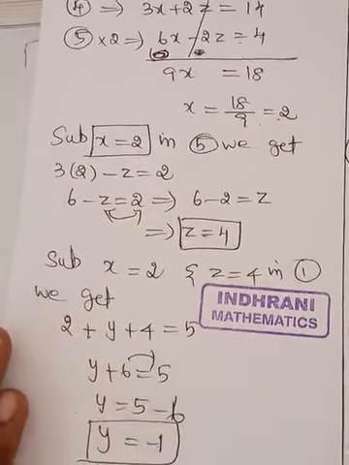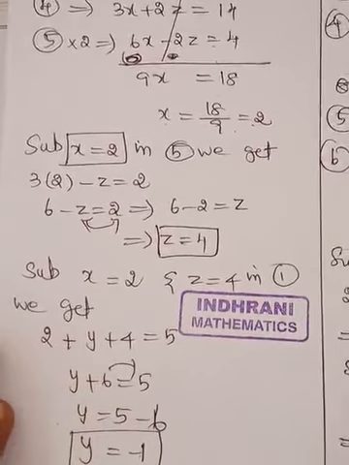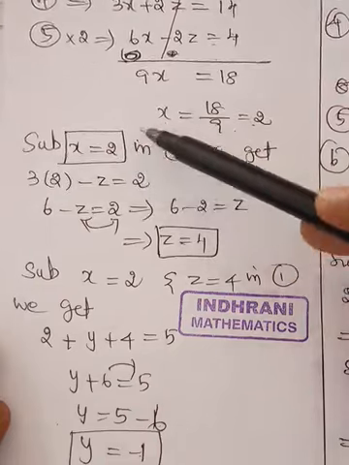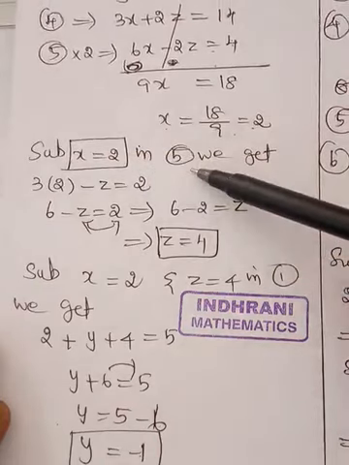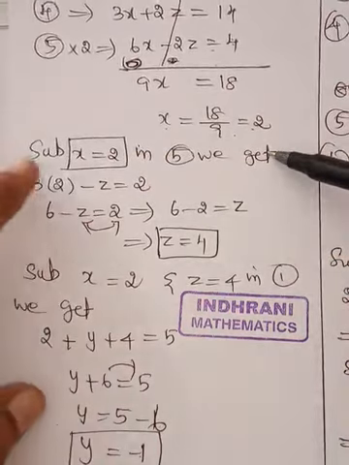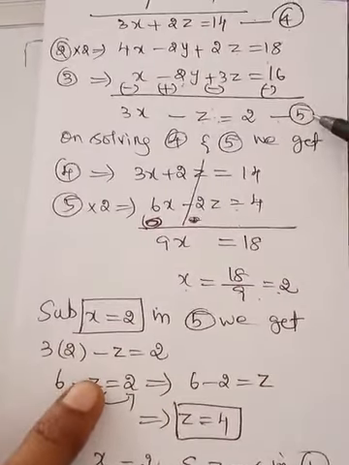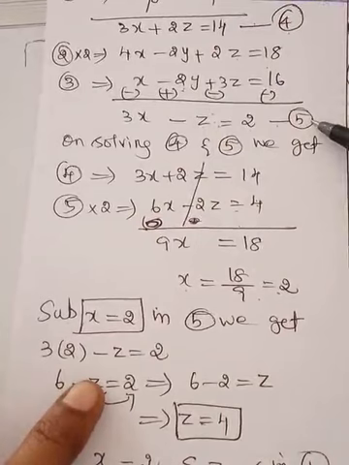See, once again, I am substituting x equal to 2 in equation number 5. Equation number 5 is 3x minus z equal to 2.